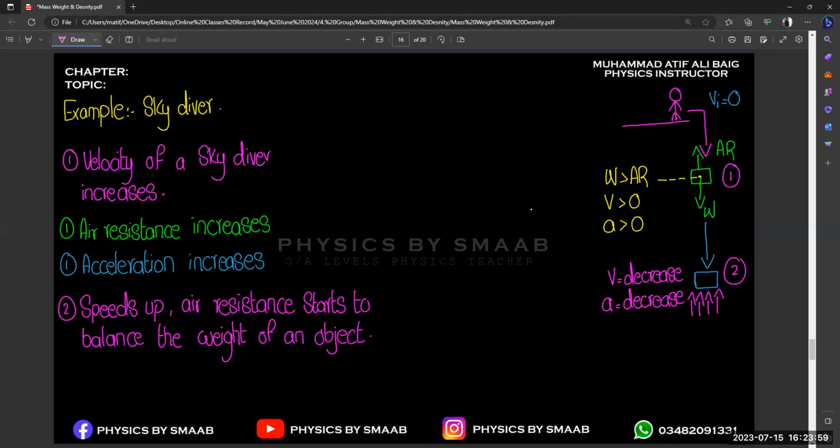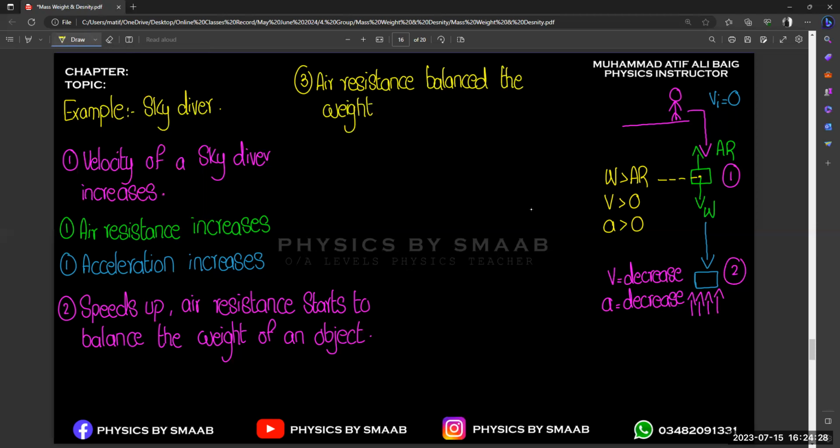And the next thing is when air resistance equals the weight of an object.